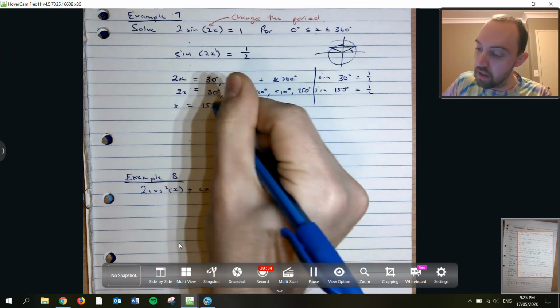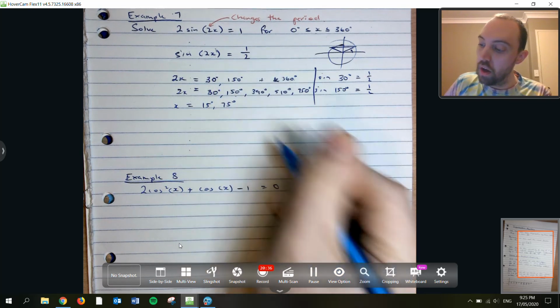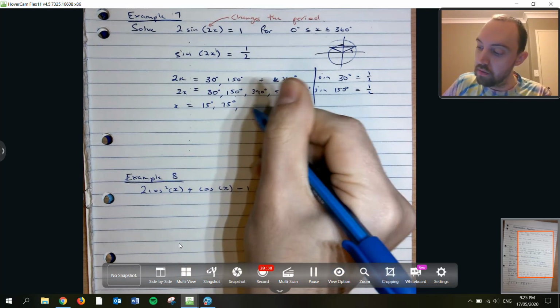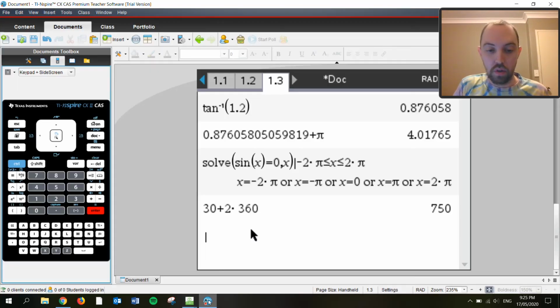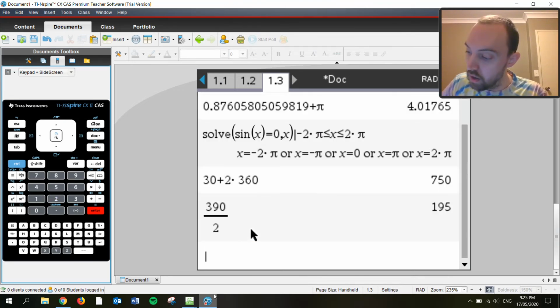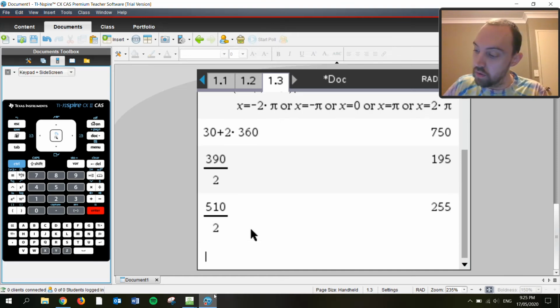So we have 15 degrees. 150 divided by 2 is 75. 390 divided by 2 is 195 degrees. 510 divided by 2 is 255.